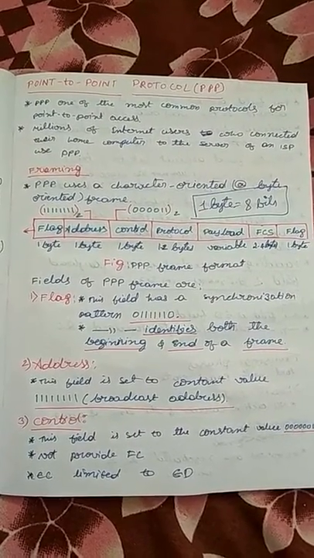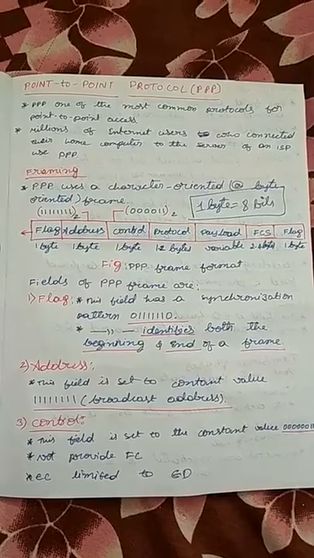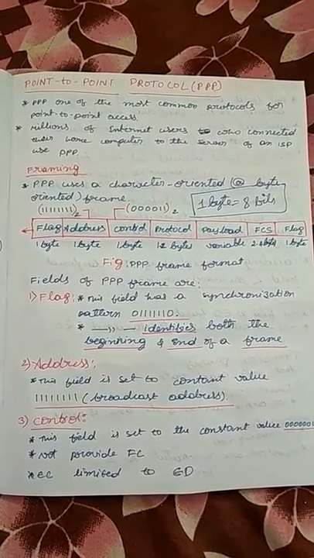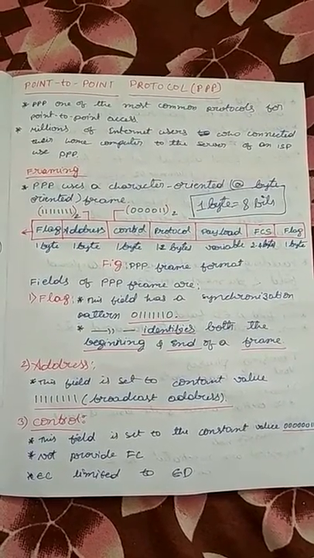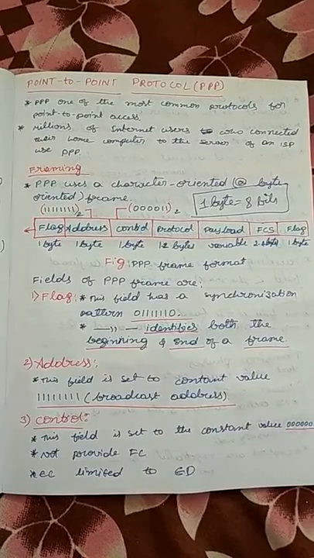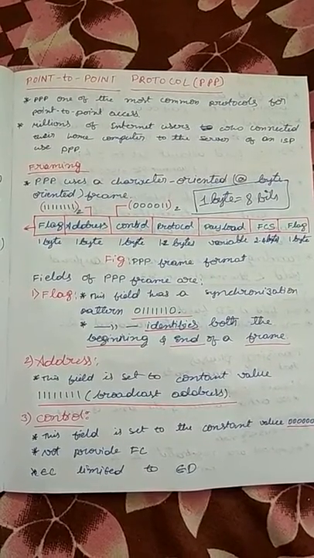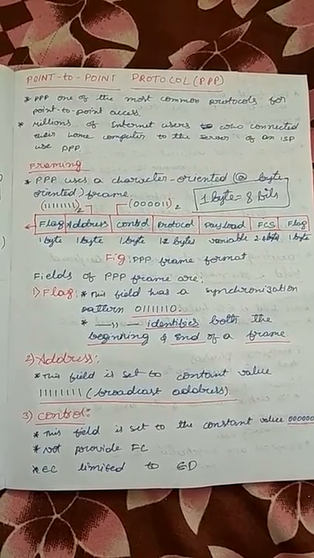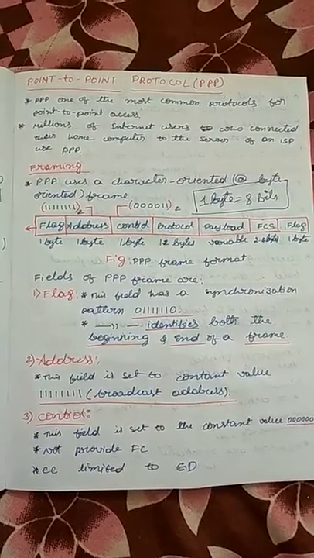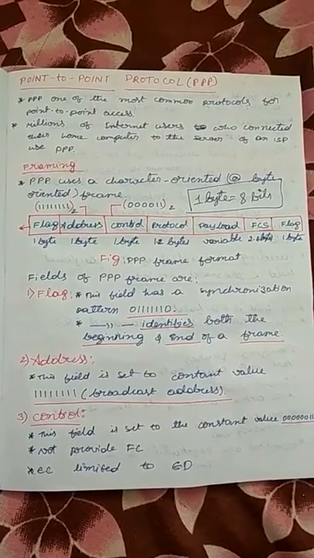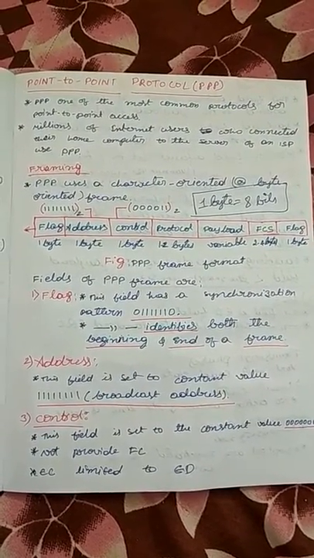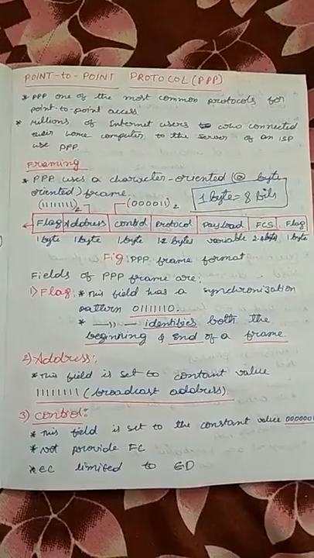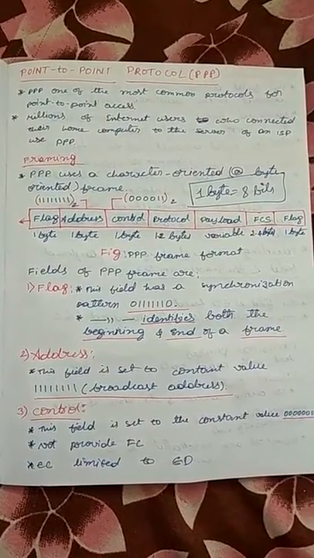Here there is a framing concept in PPP. PPP uses character oriented or bit oriented frames. I will explain what is meant by character oriented and bit oriented frames. Here, using bit oriented, I am explaining the PPP frame format.